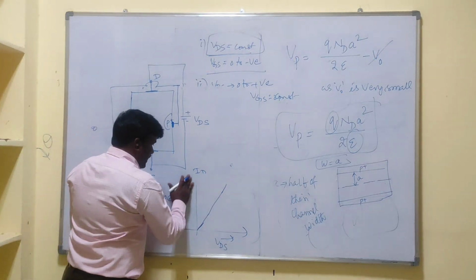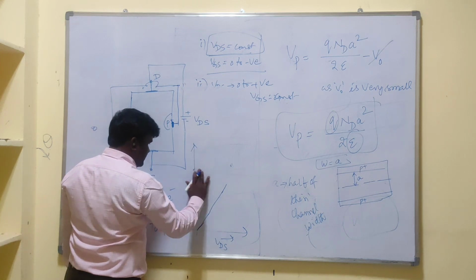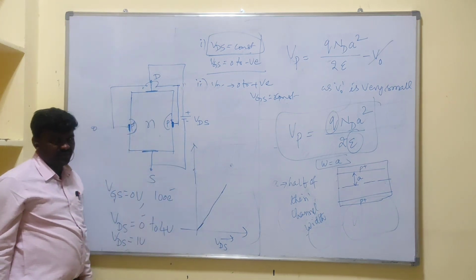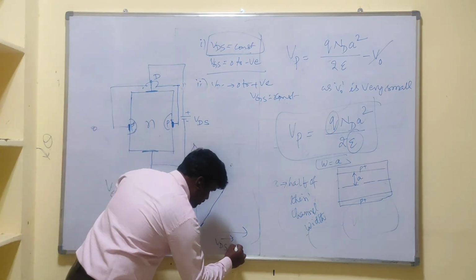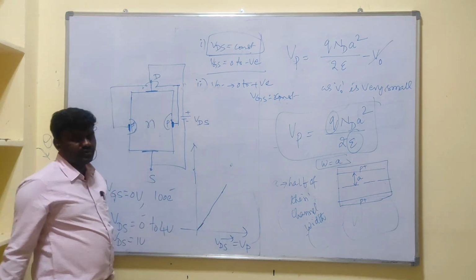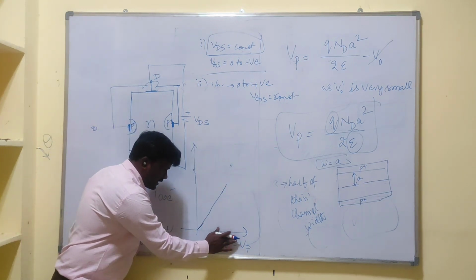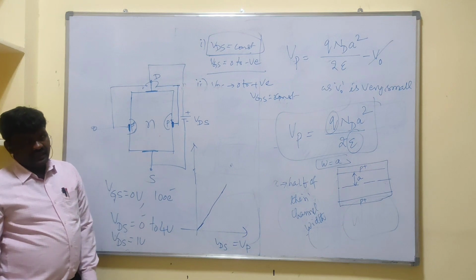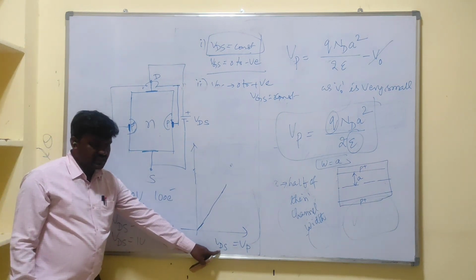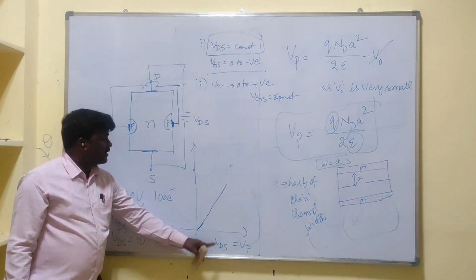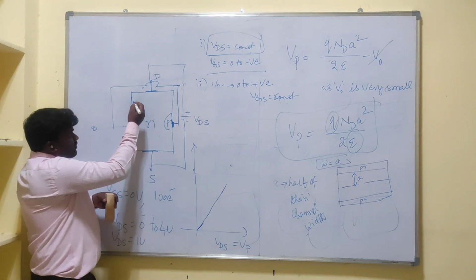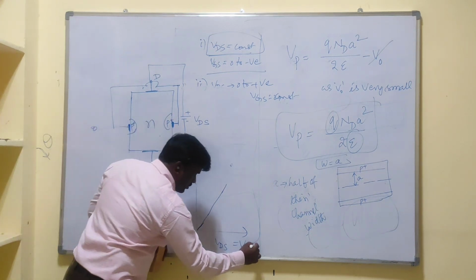And at a particular value of VDS, let us take VDS equal to Vp, the pinch off voltage. Let us say VDS equal to Vp equal to 4 volts.